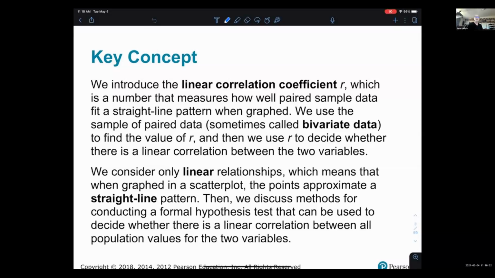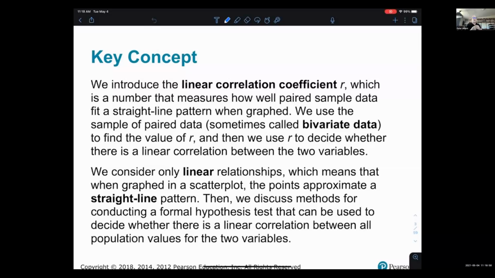The other thing to mention is that matched pairs is what we were just discussing at the end of chapter 9, or at least our final section in 9.3, when we worked with matched pairs of data. When we were working with matched pairs of data, we talked about the difference in those matched pairs. But now we're talking about whether there seems to be a linear relationship between those values.